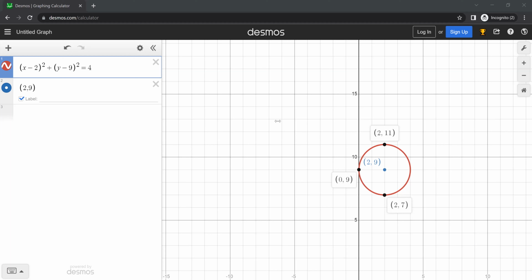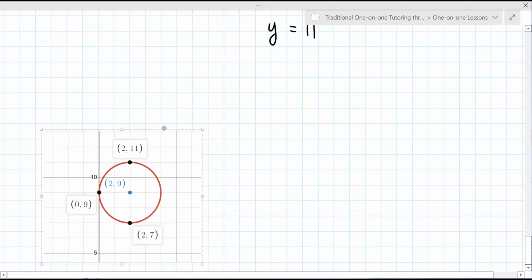Let me switch screens to that. And you can see that here are some possibilities for some other points for that circle. All right. So let's look at number 11 next.